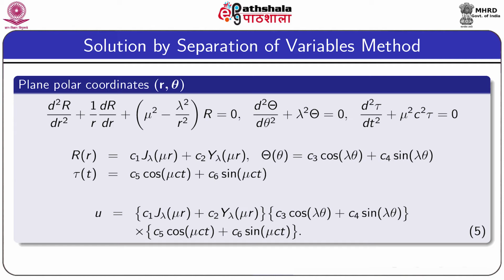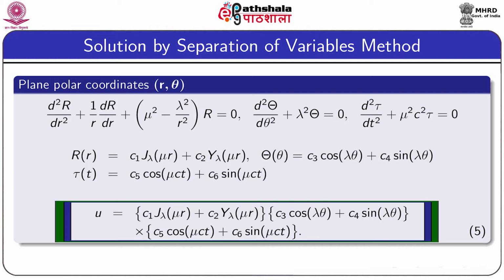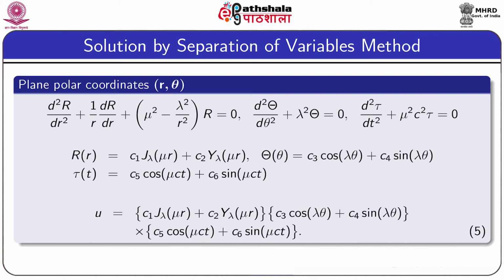Therefore, the required solution of the two-dimensional wave equation in the plane polar coordinate system is U equal to the product of capital R, capital theta and tau, which is written in equation number 5.